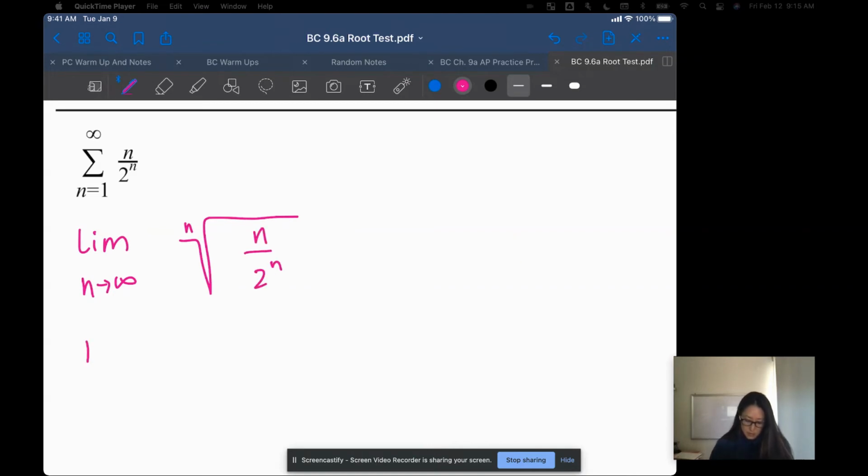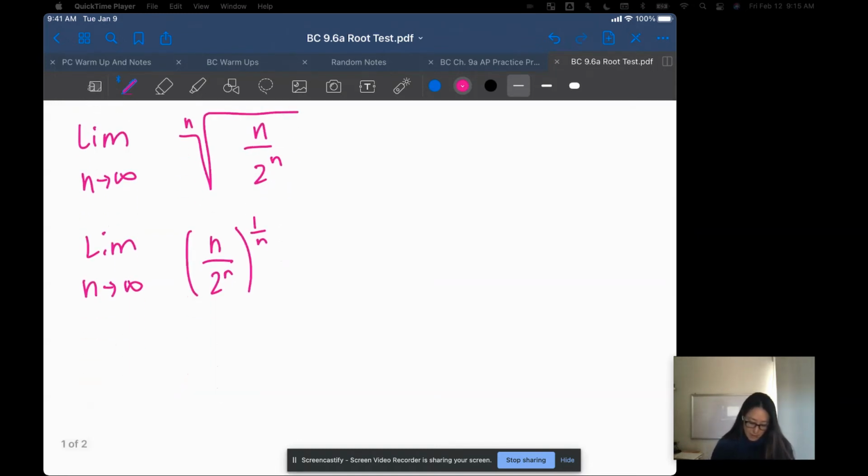I'm going to just rewrite this as the limit as n approaches infinity of n over 2 to the n, using a rational exponent of 1 over n. I'm going to apply the power to both bases. So I have n to the 1 over n over 2.